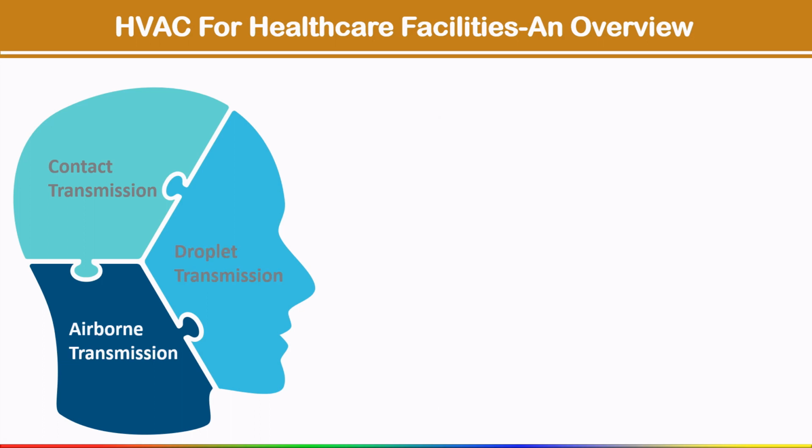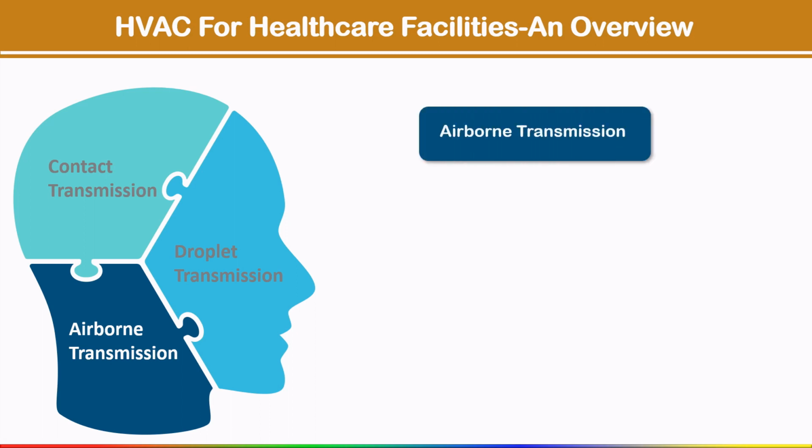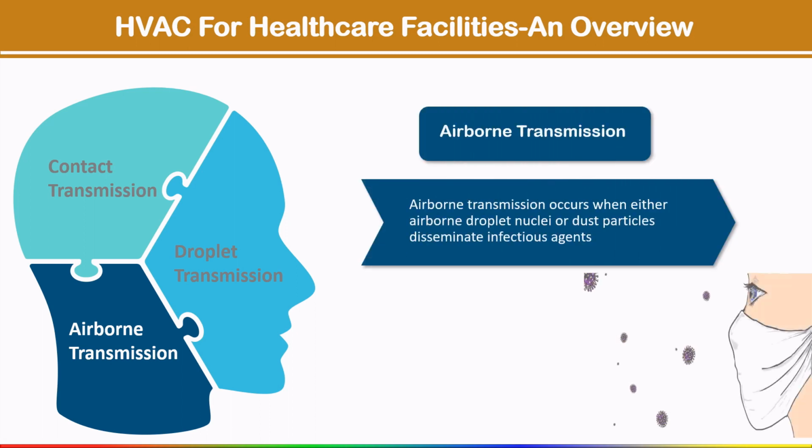Now the third and last one is airborne transmission. So what is airborne transmission? See how airborne transmission is responsible for infection. Airborne transmission occurs when either airborne droplet nuclei or dust particles disseminate infectious agents. What actually are droplet nuclei?